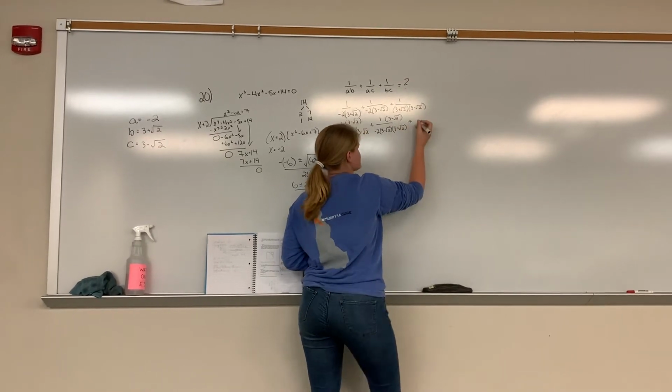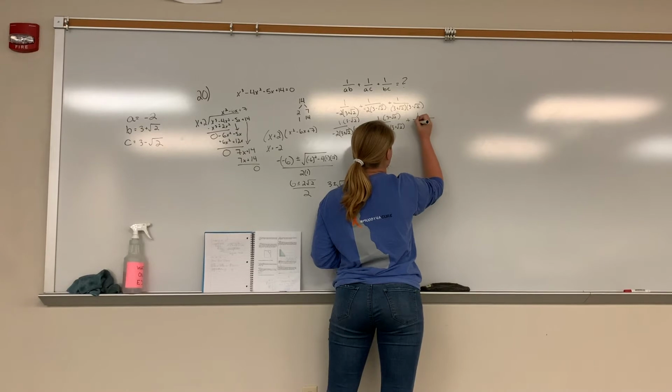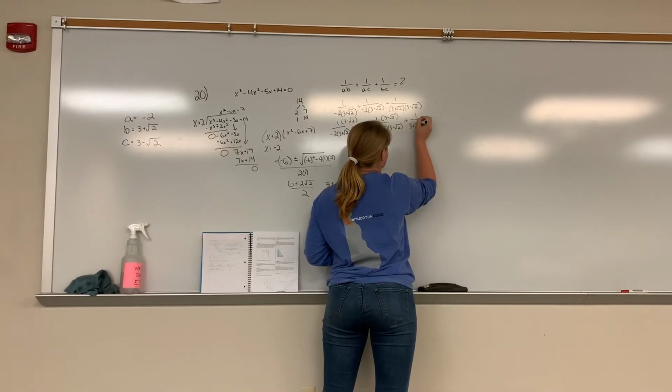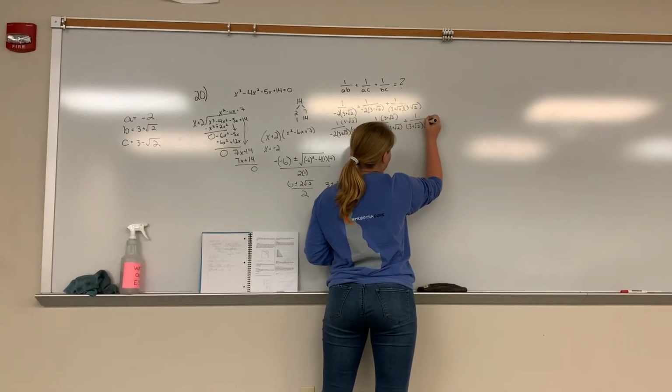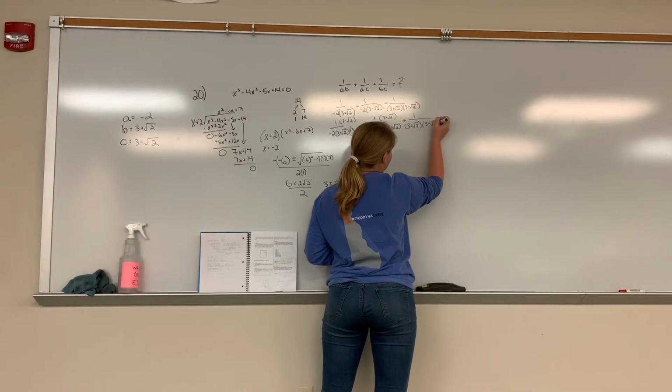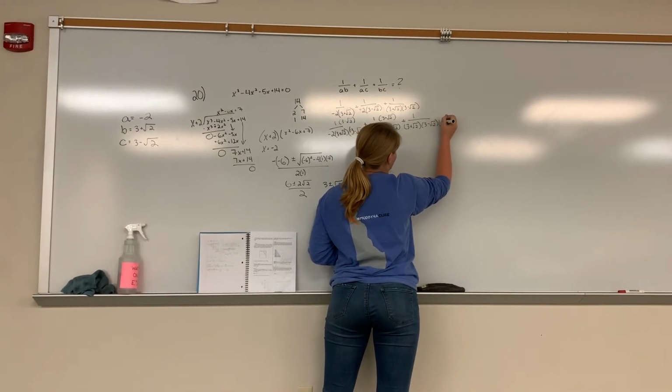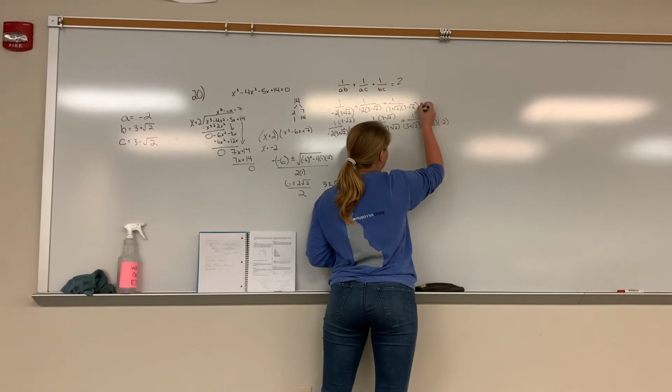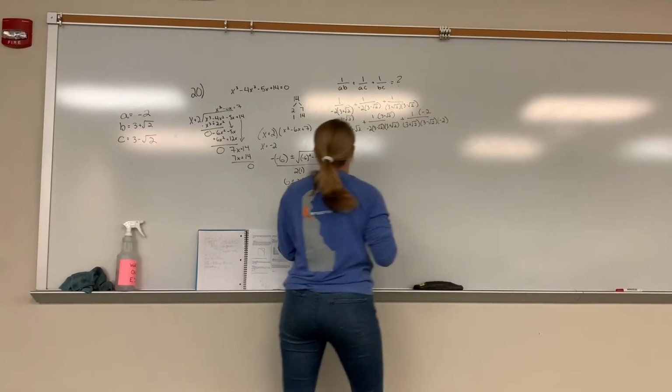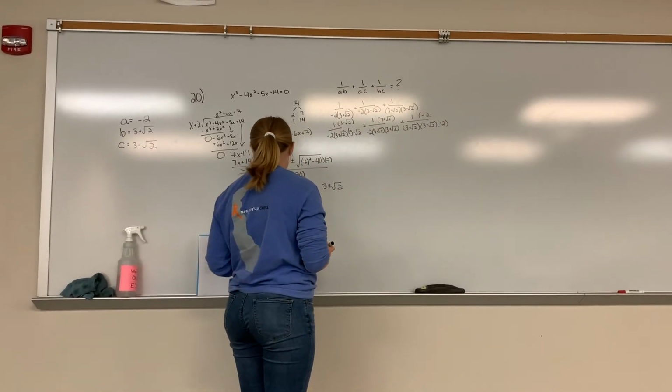And then plus 1 over 3 plus the square root of 2 times 3 minus the square root of 2, and you multiply the top and bottom by negative 2. So just simplify this all the way down.